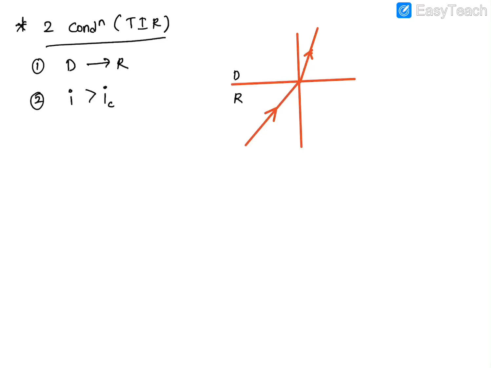When you read the definition in the textbook, they've just clubbed these two conditions and that's how they made up the definition. Now, out here we are going to learn about a few mediums and their critical angles. The ones I'm mentioning right now, it's better that you learn them by heart. It will help you in some of the problems.